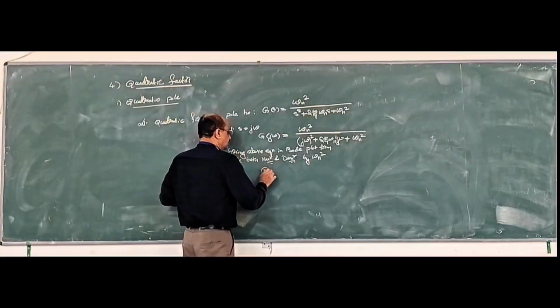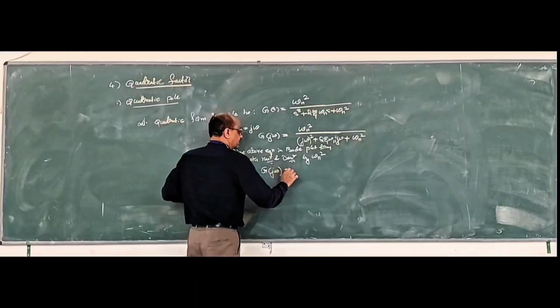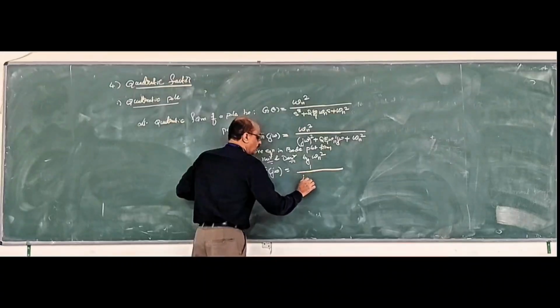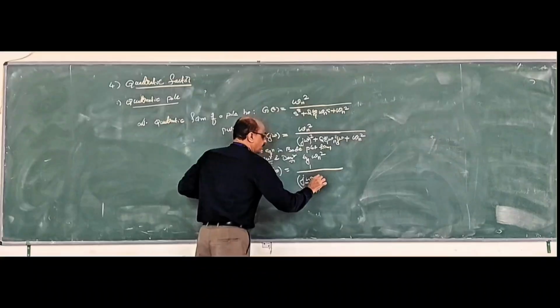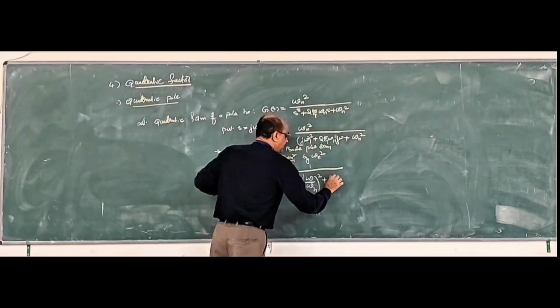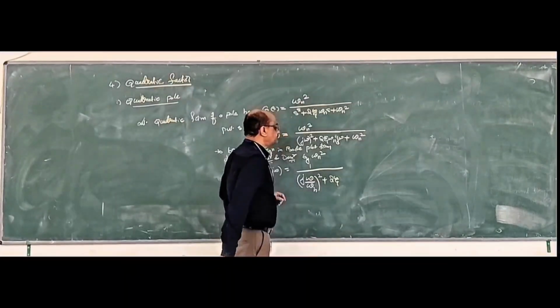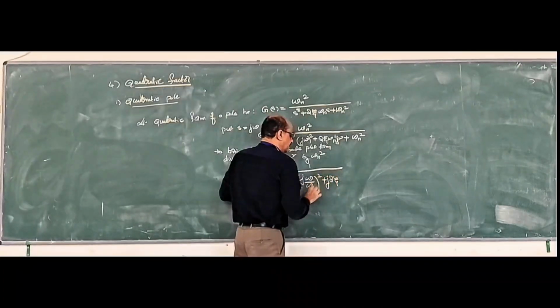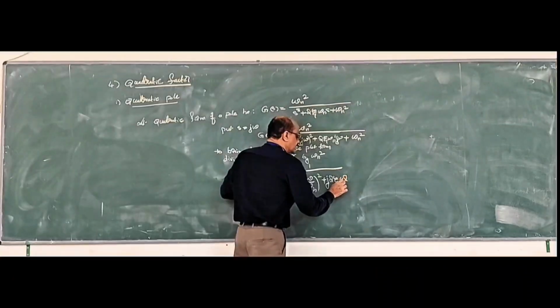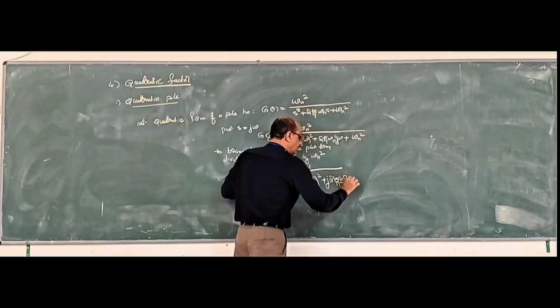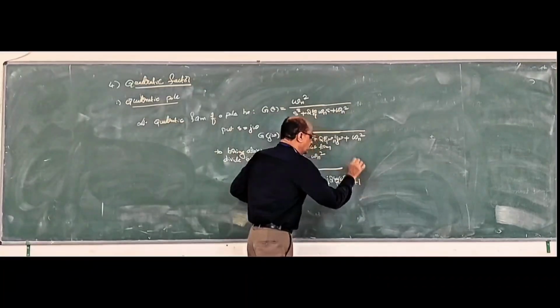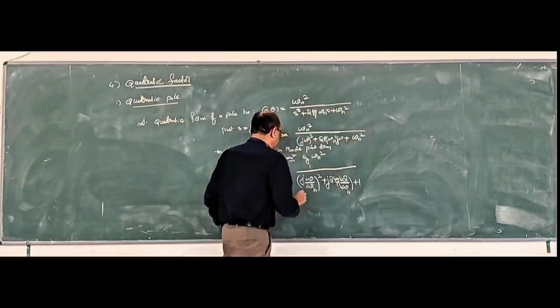So you will get G of j omega is 1 divided by j omega by omega n whole square plus 2 zeta, and omega n cancels, so I get j 2 zeta omega by omega n, plus 1.